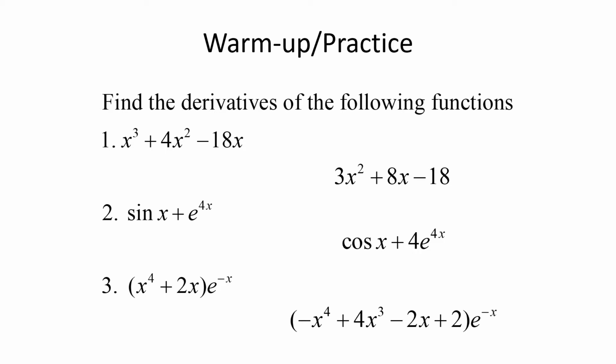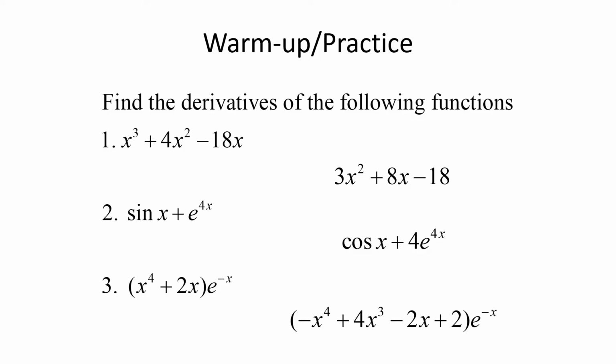Now notice that the form of the derivative matches the form of the function we started with. For problem 1, we had a polynomial function, and when we took the derivative, we still have a polynomial function. In problem 2, we had a trig function, specifically sine or cosine, plus an exponential, and our derivative also takes the form of a trig function plus an exponential.